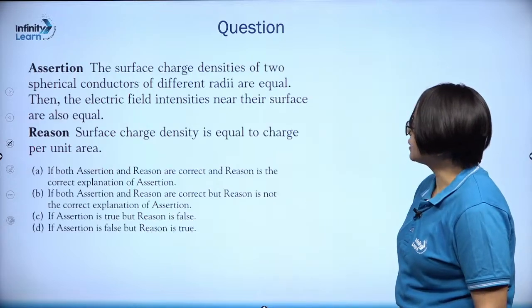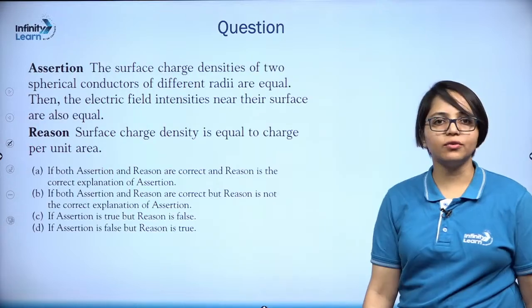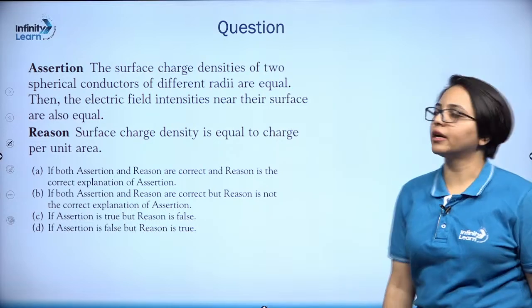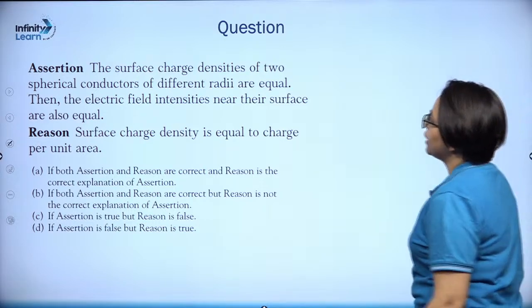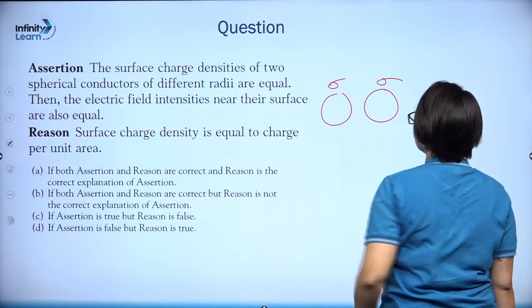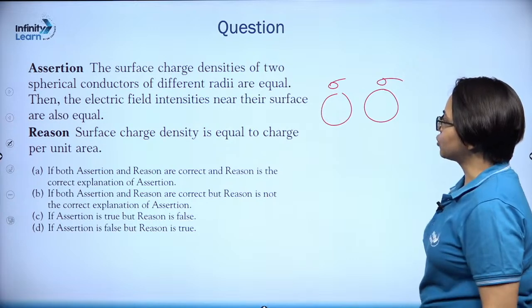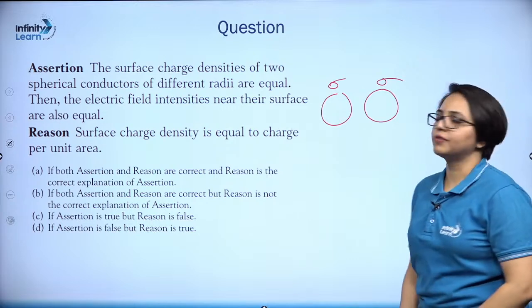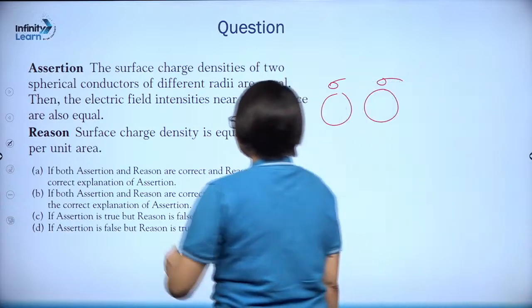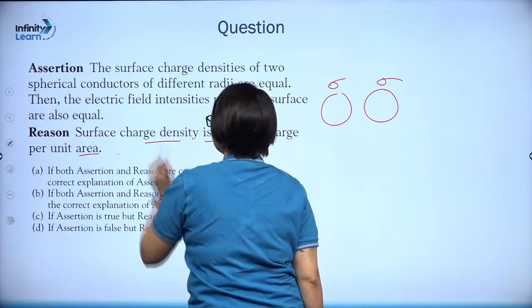Now next is this question, based on assertion and reason. The surface charge densities of two spherical conductors of different radii are equal. Then electric field intensities near their surface are also equal. That is assertion. Reason is surface charge density is equal to charge per unit area.